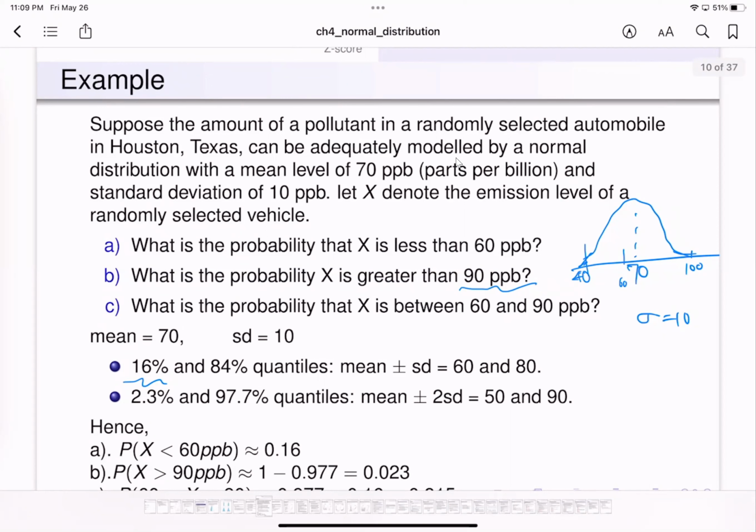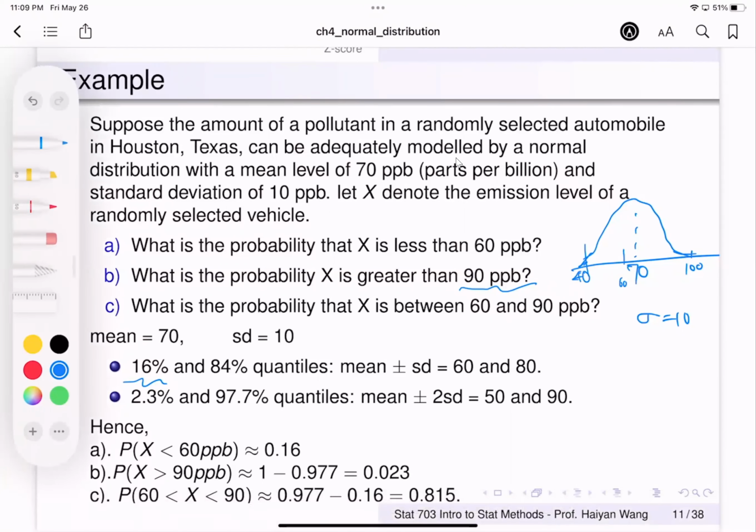Okay, so I'm going to write it like this: X less than or equal to 90, this is the 0.977, and we also know the probability of less than 60 is 0.16 roughly, and in between would be the difference between these two numbers. So 0.977 minus 0.16 gives us the probability of between 60 and 90.